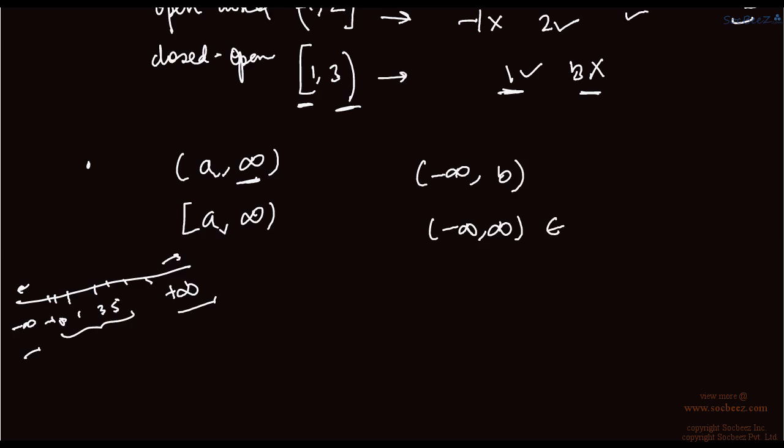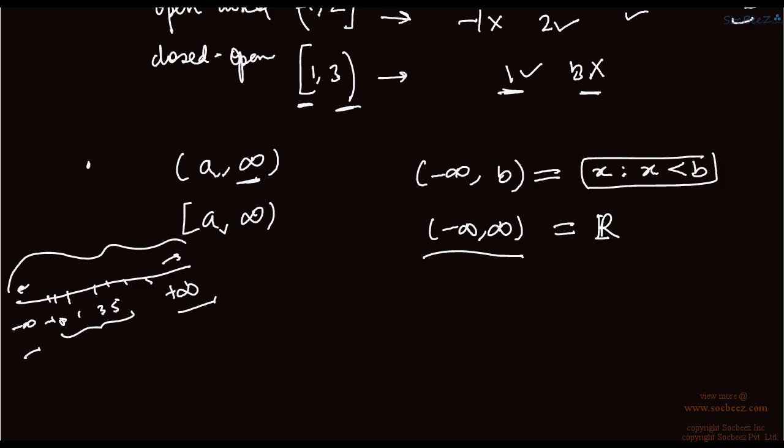Minus infinity to infinity is our whole real number line. This includes all of the numbers. Minus infinity to b is the set of x such that x is less than b. You can write it like this also. For a to infinity, x is greater than a, but not equal to a.